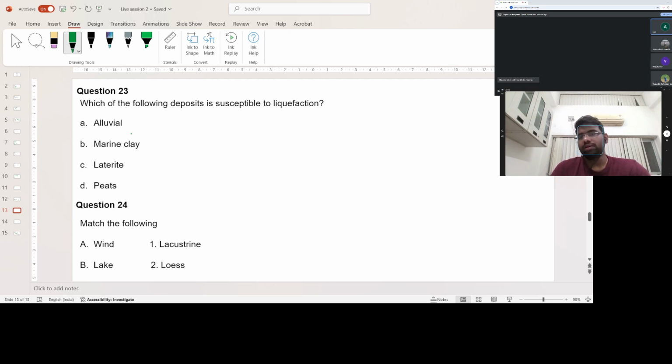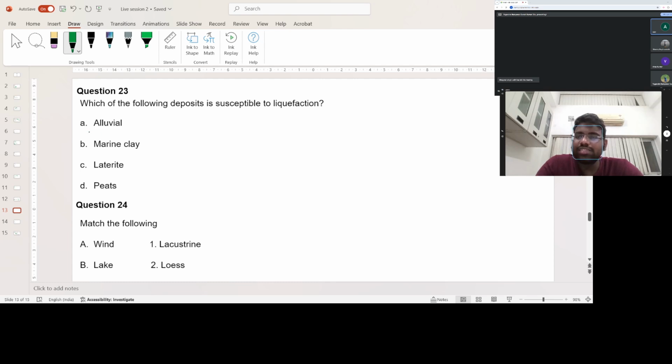And the second one is due to any kind of vibrations created by pile driving or earthquakes. Momentarily, the pore water pressure builds up, which increases the pore pressure and decreases the effective stress, which many people would not understand here.